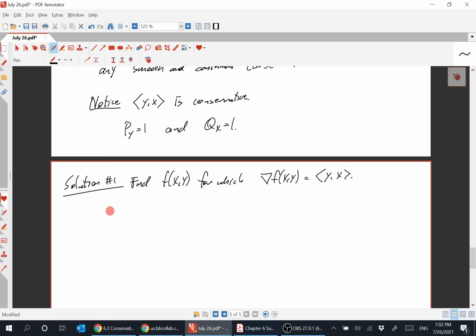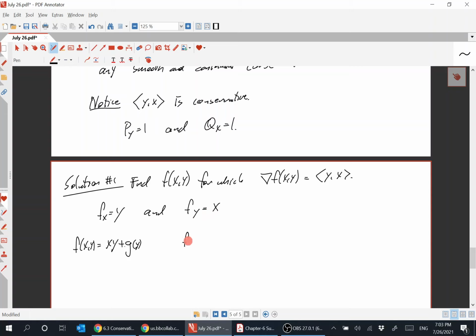In this case, the partial derivative of f with respect to x is going to be y, and the partial derivative of f with respect to y is going to be x. So the antiderivative with respect to x is going to be xy plus some function of y, the arbitrary constant when taking the partial derivative with respect to x.